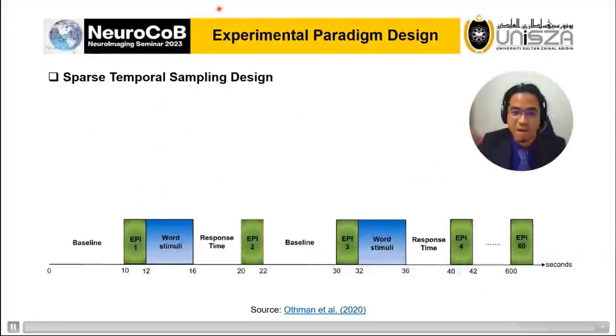Here is an example of my own study using sparse sampling design. As we can see, there is an 8-second gap, or delay, between one MRI scan to the other. During this silent gap, participants heard a list of words for 4 seconds.